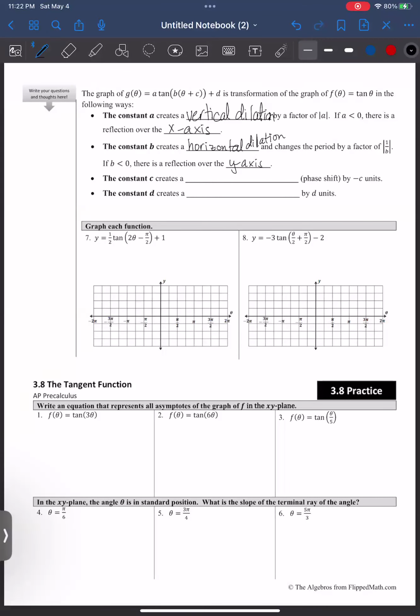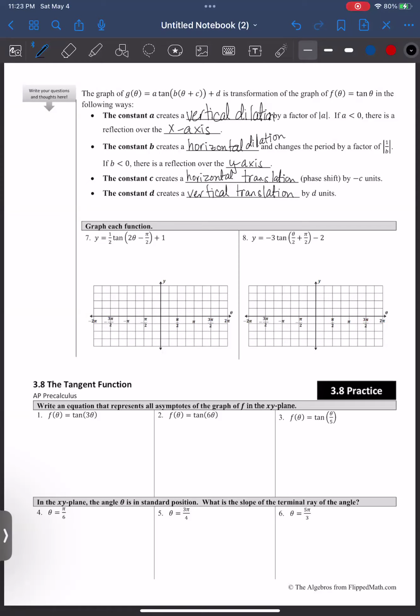The constant c creates a horizontal translation, a phase shift by negative c units, and the constant d creates a vertical translation by d units.